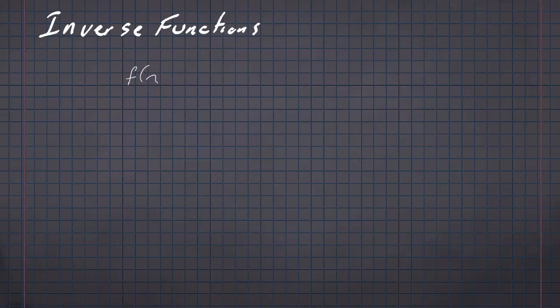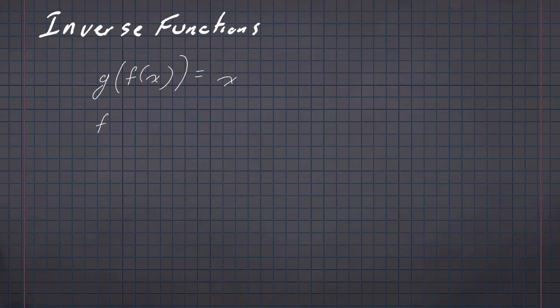If I have some function f that I operate on x, and I take some other function g and evaluate that function at that point, then I have undone what originally happened in the function. So g of f of x is equal to x.